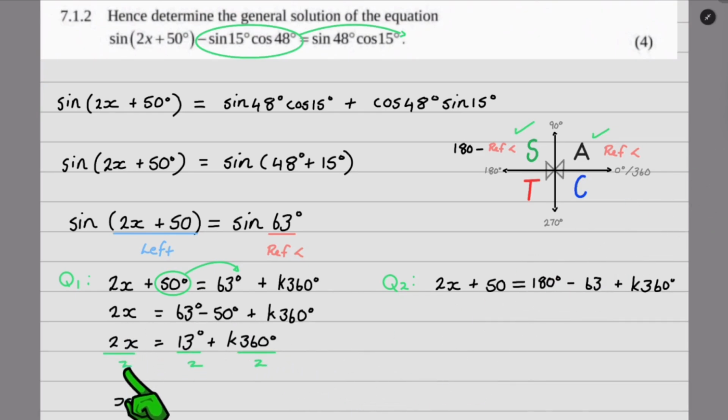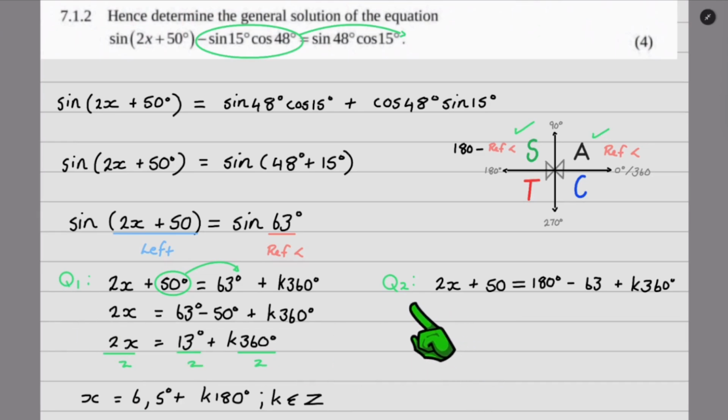So these 2's cancel with each other, leaving me with just x. 13 divided by 2 is 6.5. And 360 divided by 2 will just give me 180, and the k stays there. And then just to wrap up this general solution, we've got to do a semicolon with k as an element of integers over here. And then we're officially done with quadrant 1.